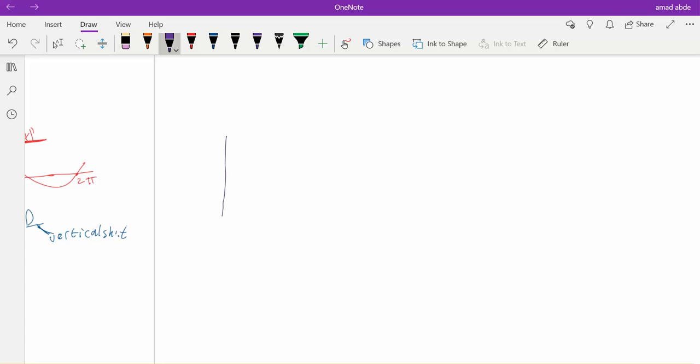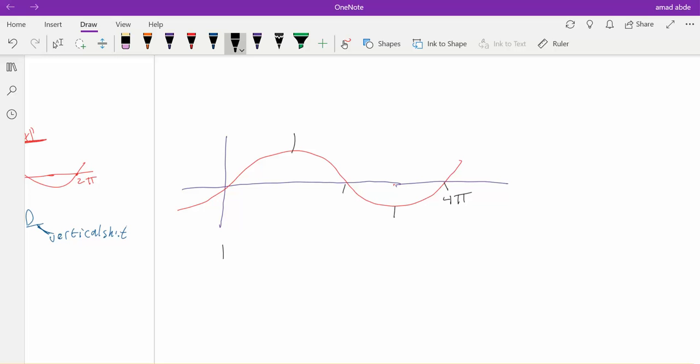Okay, the normal graph is going to look the exact same, but it's going to have a different period. So instead of having 2 pi, we will have 4 pi here. And to find what this point is, what this point is, and what this point is, we can just do 4 pi over 4, and this would equal pi.